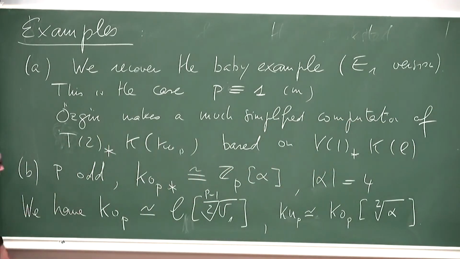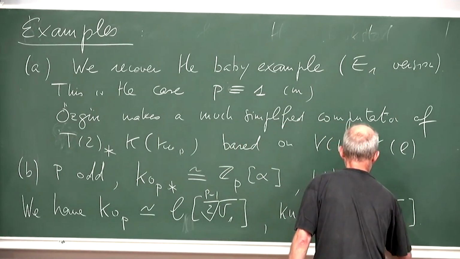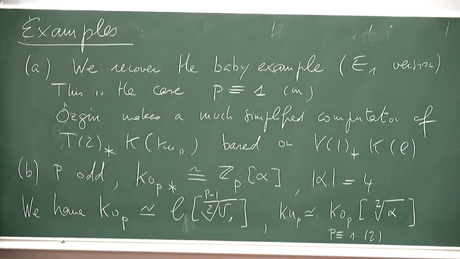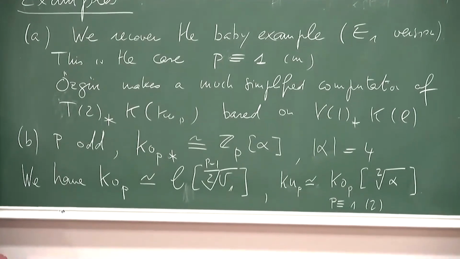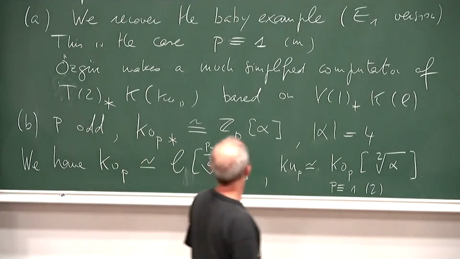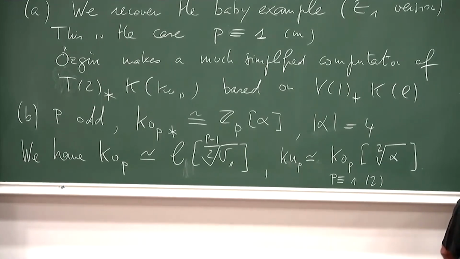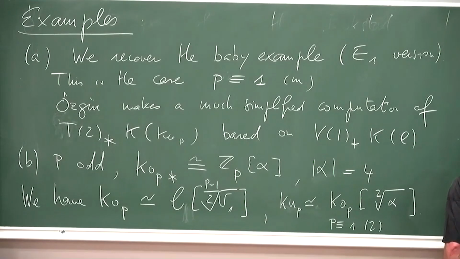And here also, P is congruent to 1 modulo 2. So we are going actually to have K-theory splittings here also. Okay, so with this, we have a formula for T2.